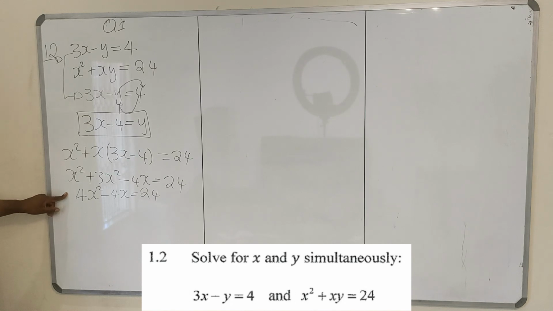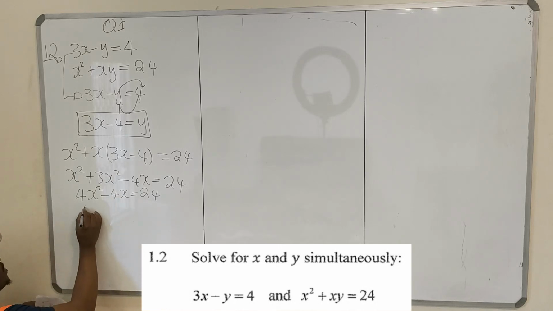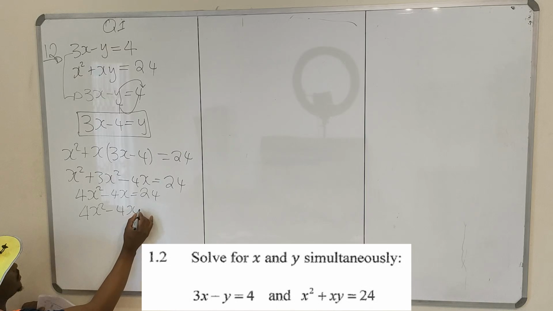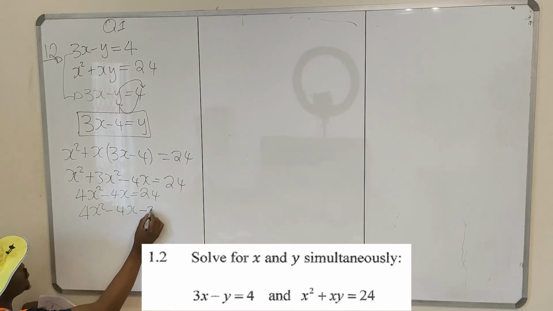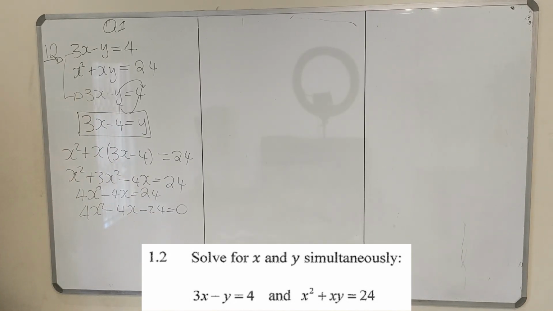And we said we would like to see it in the form ax squared plus bx plus c is equal to 0. Which means this one has to come to this side. Then with that, what do we have? We have 4x squared minus 4x minus 24 is equal to 0. Everyone good? Yes.